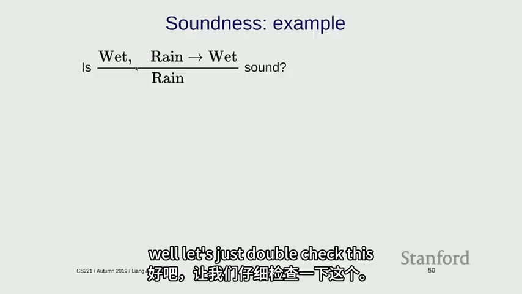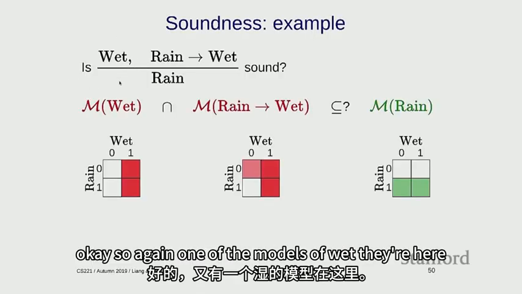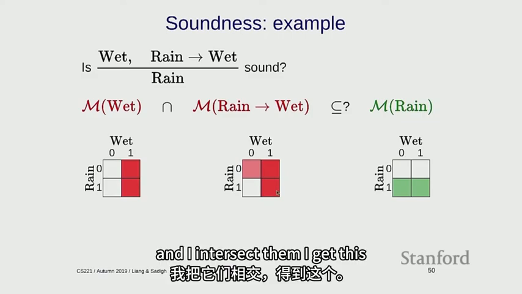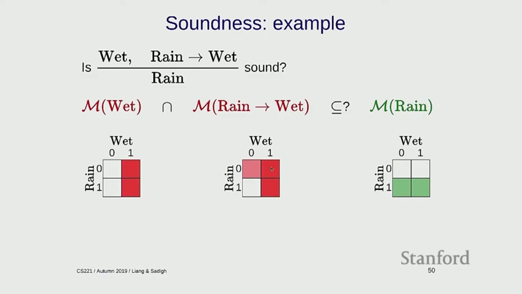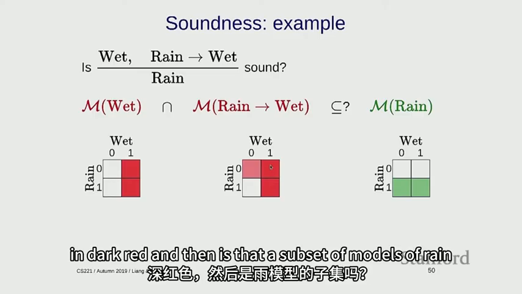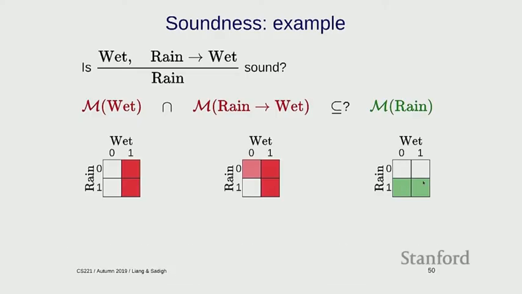Well, let's just double check this. Okay, so again, what are the models of wet? They're here. One is the models of rain implies wet. They're here, and I intersect them. I get these two over here in dark red. And then is that a subset of models of rain? Nope. So this is unsound.